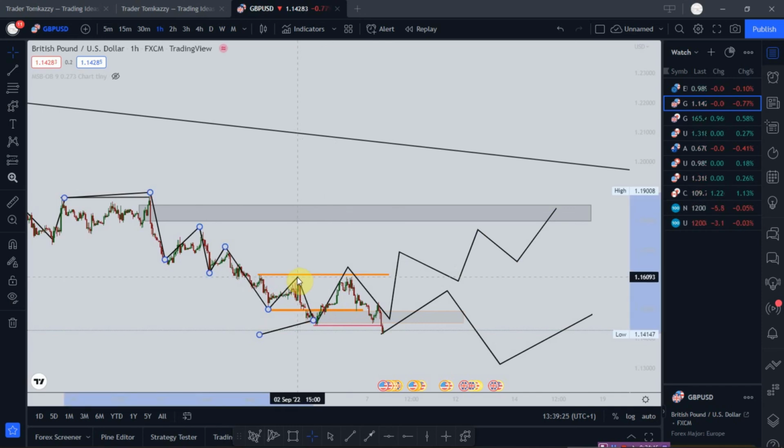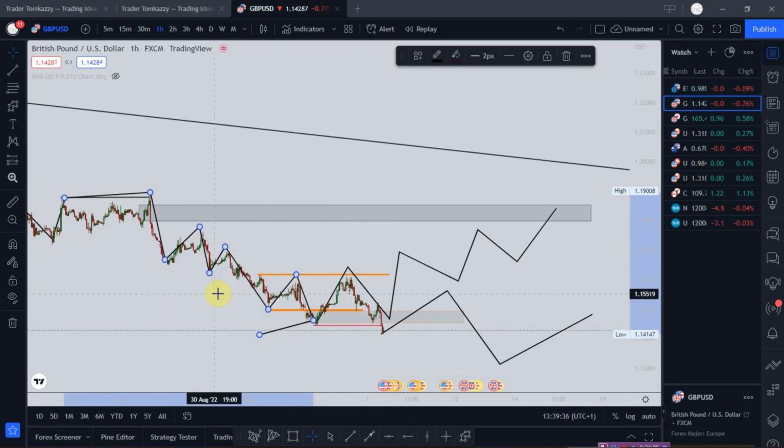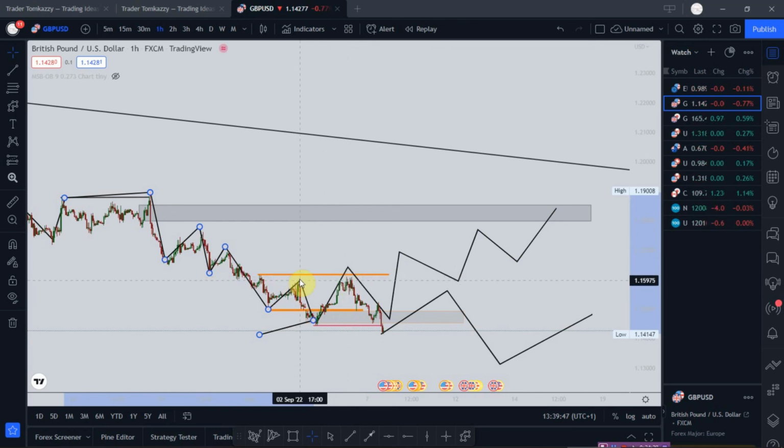Yes, this is one of the things I teach in my mentorship programs. There are secrets here. The reason why I wouldn't go for a long buy here is because I consider this with this one as equal highs over here, even though it happened to take this one here.